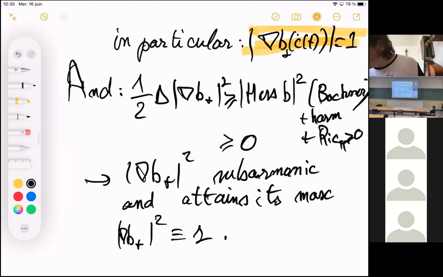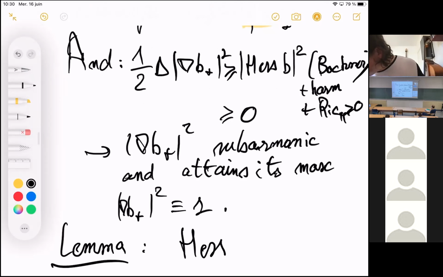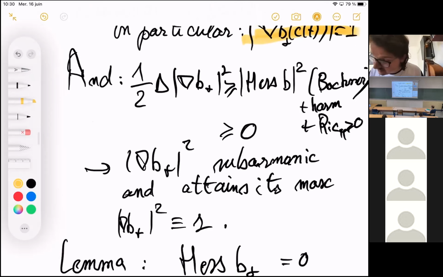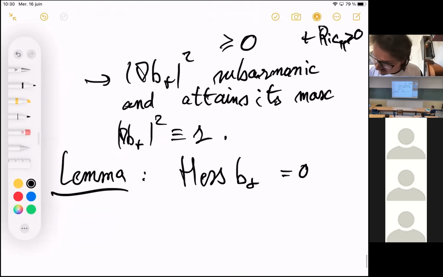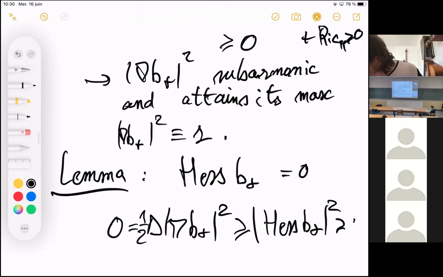But yeah, now the second lemma, and this will be the end of the talk. The Hessian of B plus is equal to 0. Well, now the answer is here. Since B plus is a distance function, the Laplacian of B plus squared is equal to 0. And we already said that this was bigger than the Hessian of B plus squared. So check.